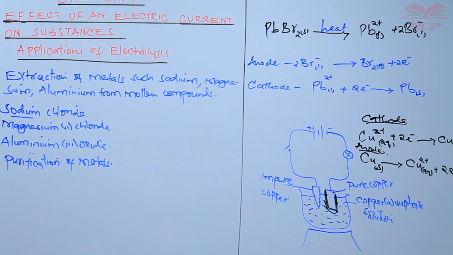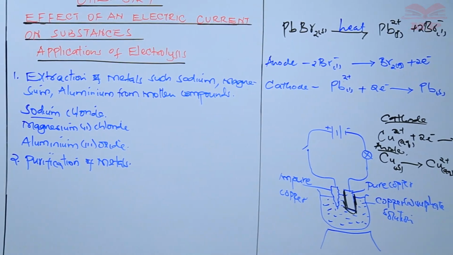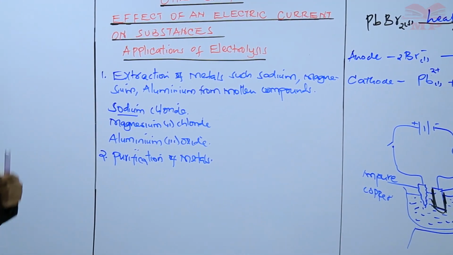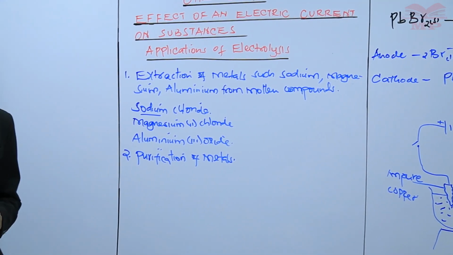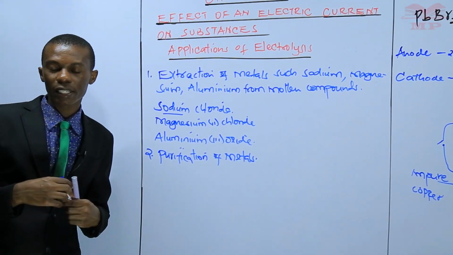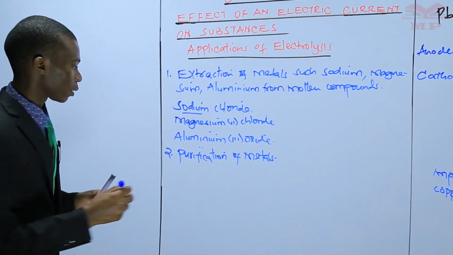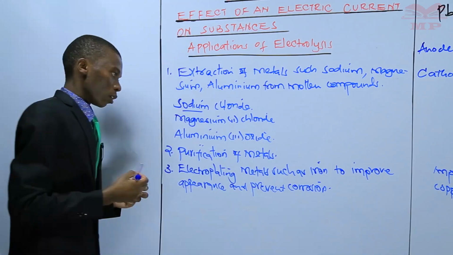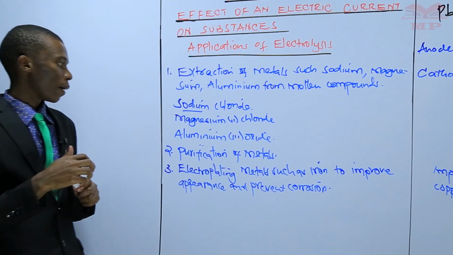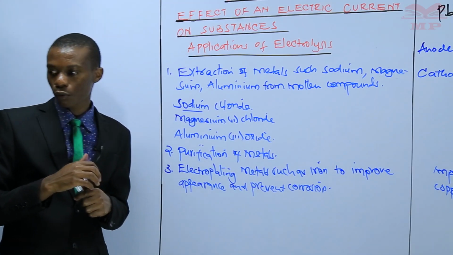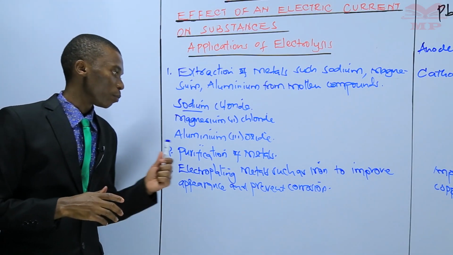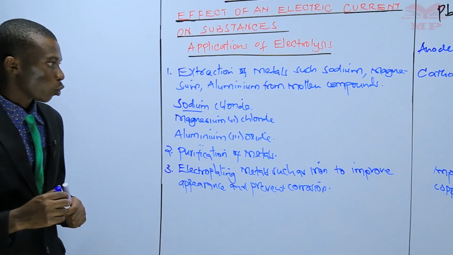In the third application, electrolysis is also used in electroplating of metals such as iron to improve their appearance and prevent corrosion.